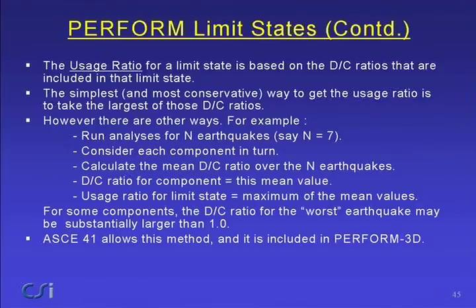So each hinge, you've got 7 values. Take the mean, you've got 1,000 mean values. Take the largest of those, that's the usage ratio for the limit state. Now, the demand capacity ratios for some hinges, for some earthquakes, may be larger than 1, possibly substantially larger than 1. But the biggest of the mean values would need to be less than 1.